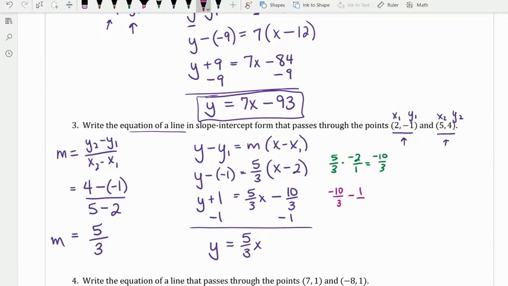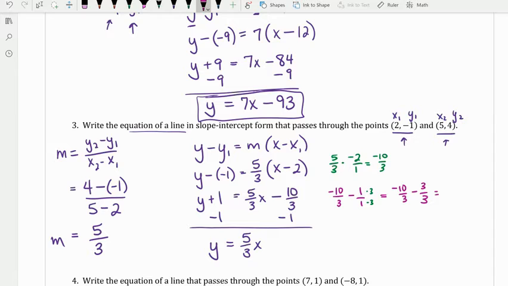I'm going to put that over 1, so it's a fraction. But now in order to do that subtraction, I need a common denominator. And I can use a denominator of 3. So I'm going to multiply top and bottom over here by 3, which would give us -10/3 minus 3/3.